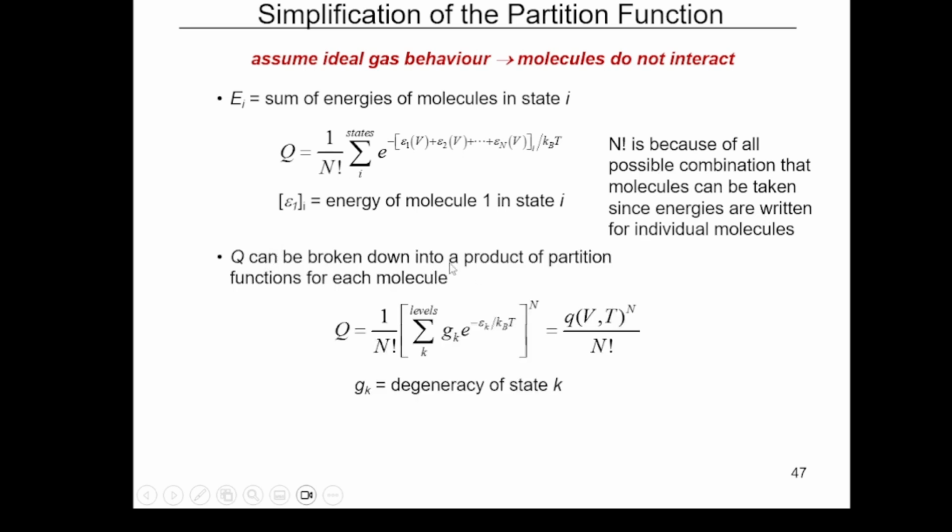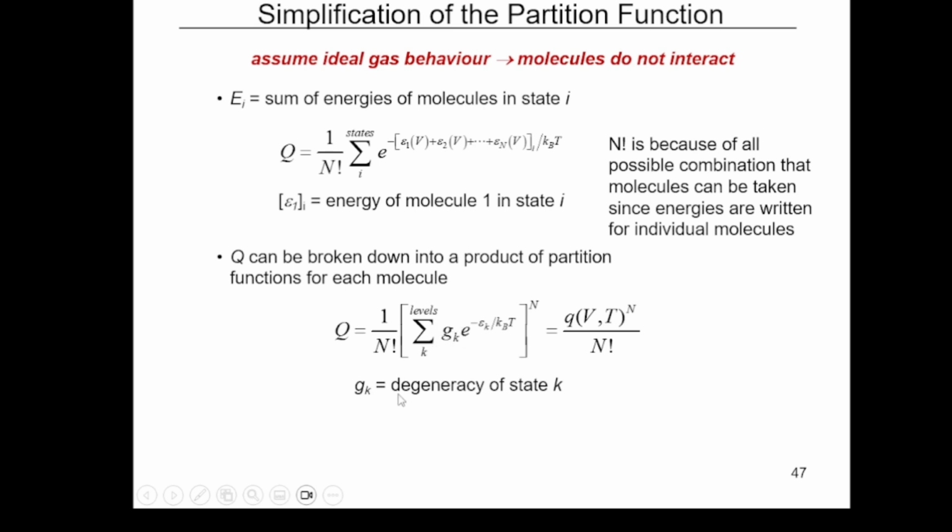So Q can be broken down into a product of partition functions for each molecule, and if we apply ideal gas behavior, in an ideal gas, two gas molecules are not interacting with one another, they are behaving independently. So molecule 1, molecule 2, molecule 3 will have the same energy, so we can write the degeneracy here with gk.